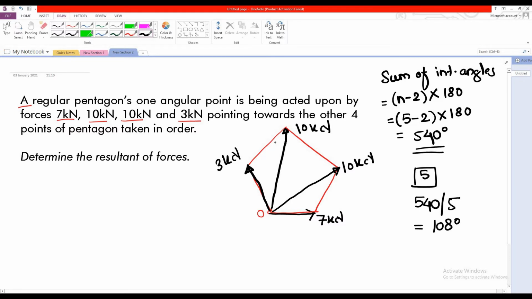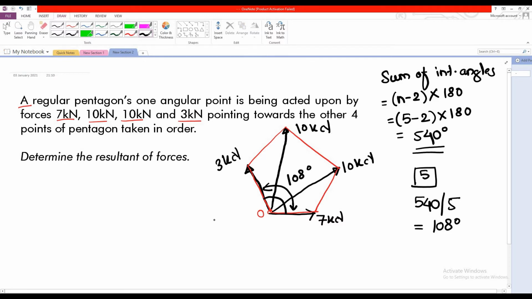Okay, therefore each angle in this polygon is of magnitude how much? 108 degrees. We are more concerned with this specific point. This total angle, how much is it? 108 degrees.